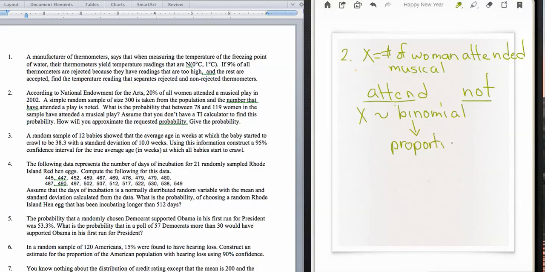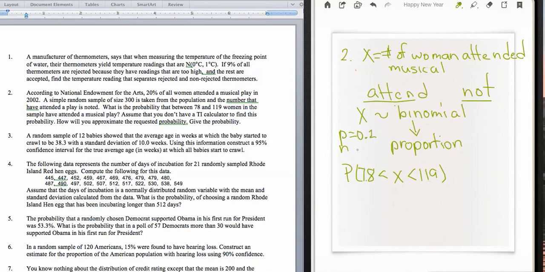So if we're talking about proportions and we need to say what is the probability that our random variable is between 78 and 119, then what we have going on is a binomial distribution, and we know that our P is equal to 0.2.